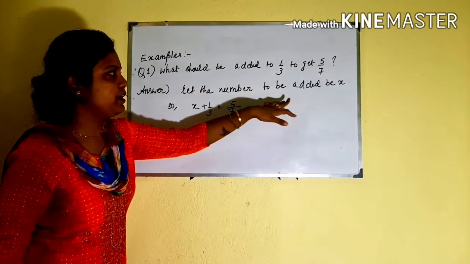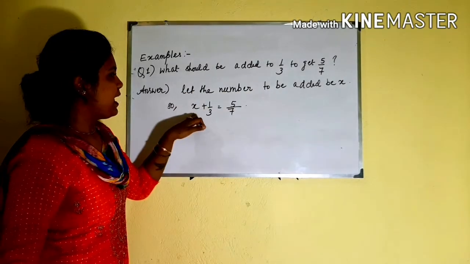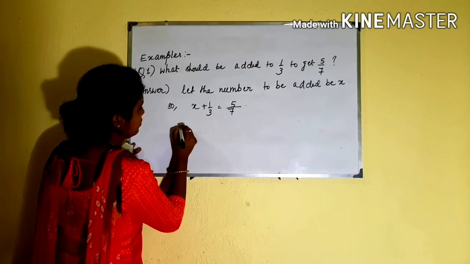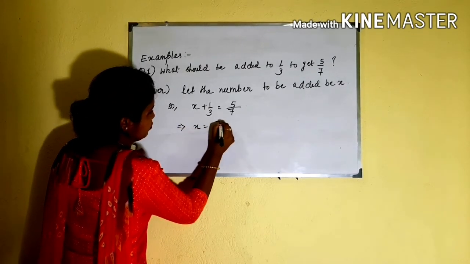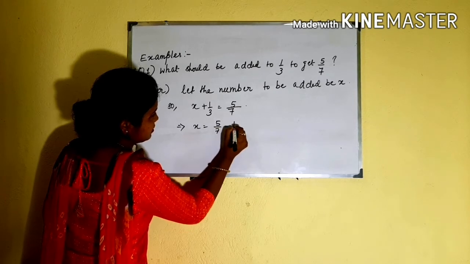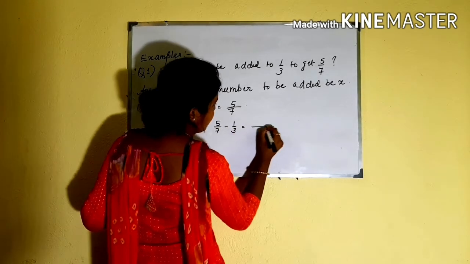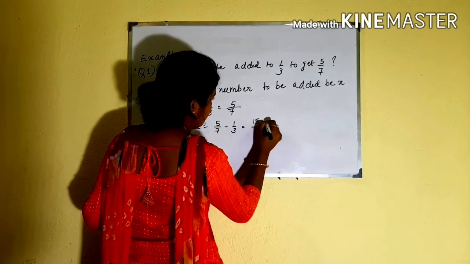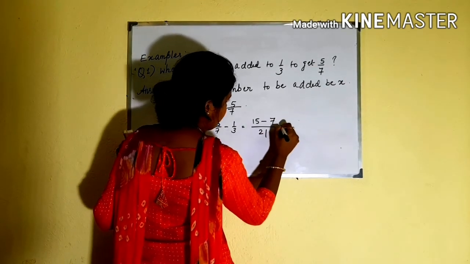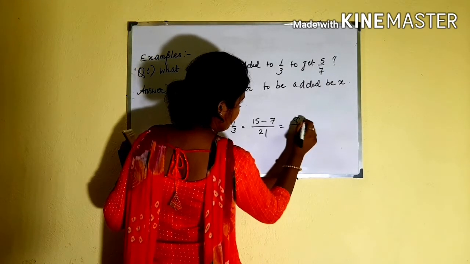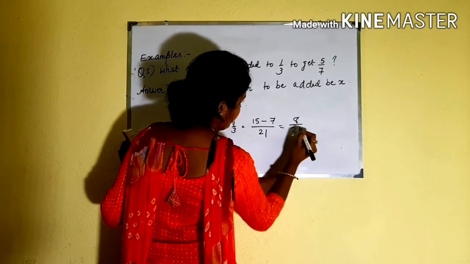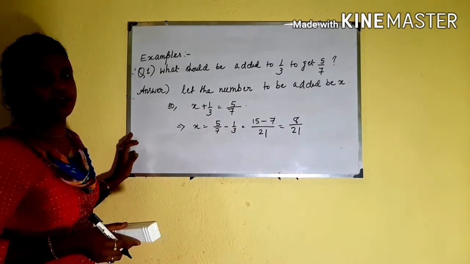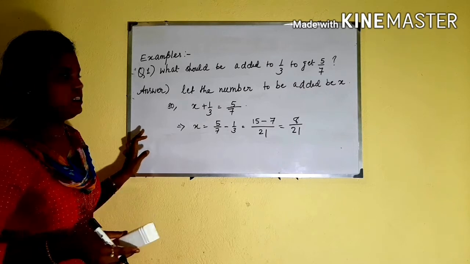So let the number to be added be x. x plus 1 by 3 is equal to 5 by 7. So x equals 5 by 7 minus 1 by 3. That is, you get 21 as the LCM. We get 15 minus 7, that is 8 by 21. I hope this sum is clear to you. It doesn't have so much toughness in this.